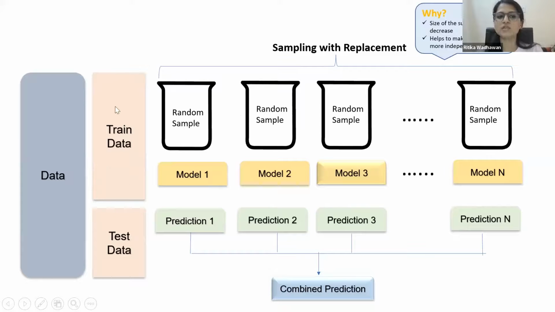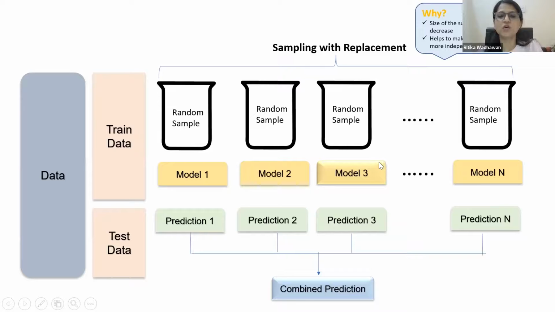Since that chunk of data was not selected, in the terminology that is used, it is called out of bag. The chunk that was not used during the sampling for training the models is called out of bag data. When you use that out of bag data to evaluate the model further, you get an out of bag error. That error can further guide the construction of the algorithm.